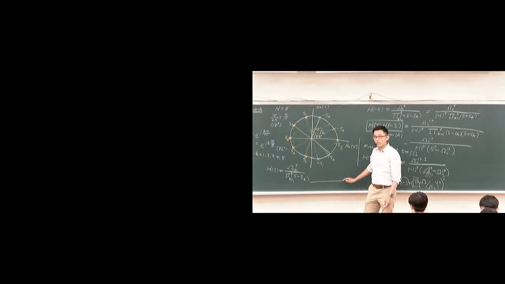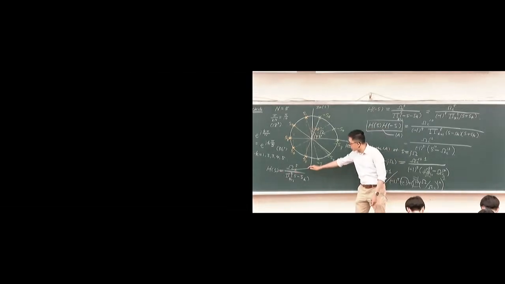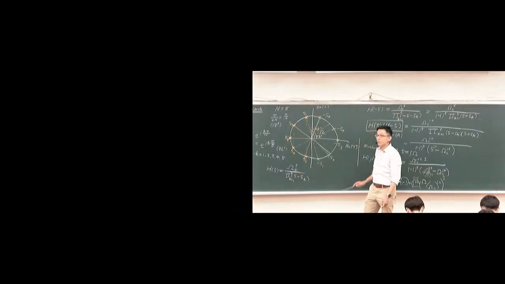We have a polynomial here, and the coefficients are all real because its roots are complex conjugates. A complex conjugate pair right here, another pair of conjugate roots right here, and then this is a real root. So the denominator part of H of s is actually a real-valued polynomial.